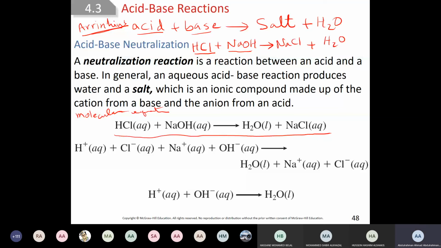How about the second equation? What do we call it? Ionic. Ionic equation. Why? Because we made everything as ions. Clear? Where are the spectator ions here? Cl minus and Na plus.